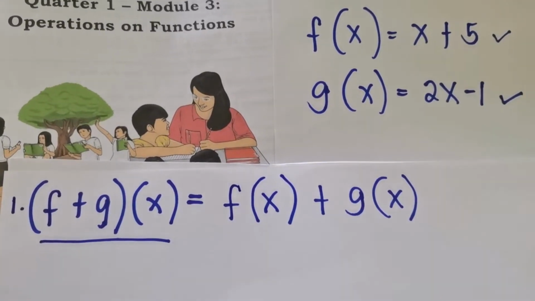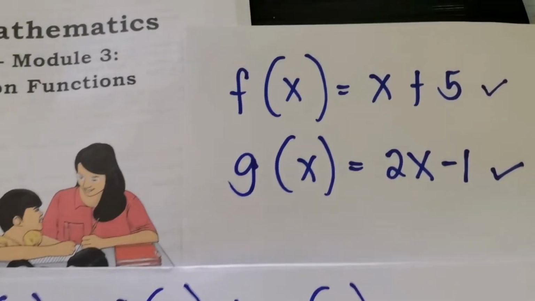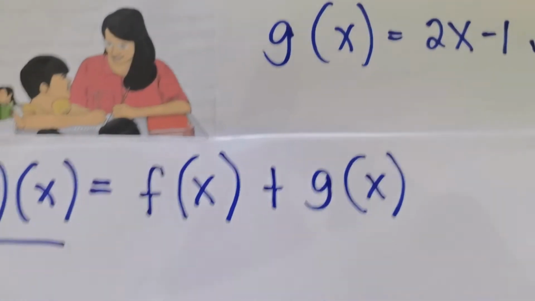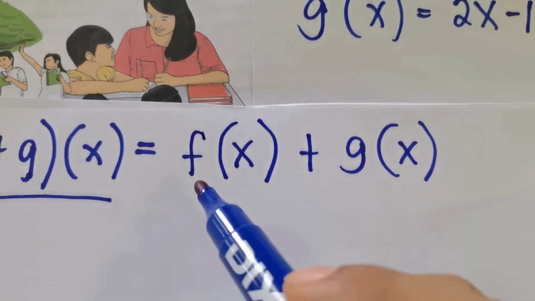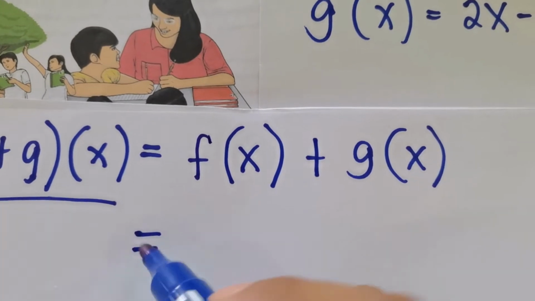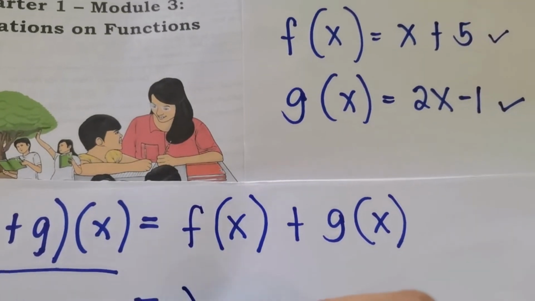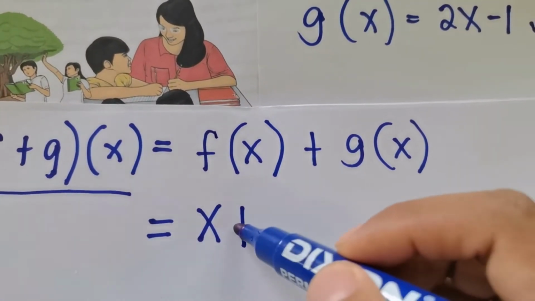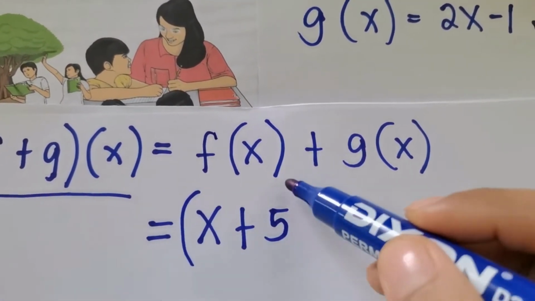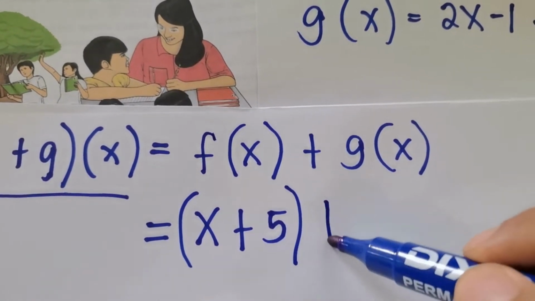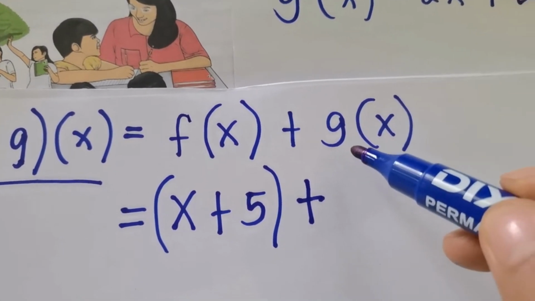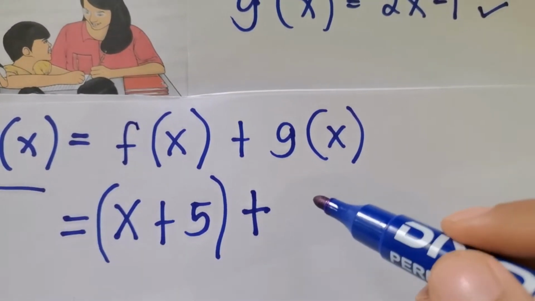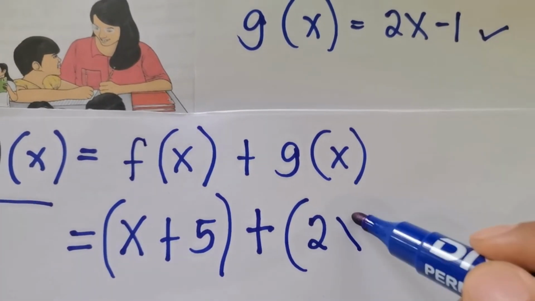Now, we are going to substitute the value of f of x, which is x plus 5. Instead of f of x, we can have x plus 5, then copy the sign plus, our g of x is just 2x minus 1, so we can have plus 2x minus 1.